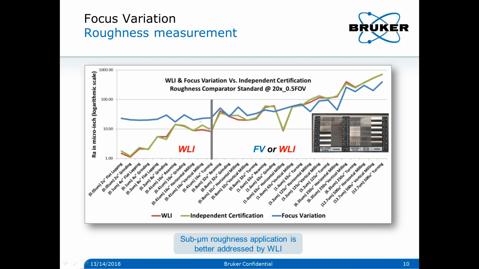For sub-micron roughnesses, white light interferometry is still the main and sole technique to use, covering a large field of view. In that respect, focus variation will have a background noise dependent on the objective you use, in the same way as confocal, for instance. Here we were forced to use a 20x objective to make sure that we get to around 0.8 or 0.5 microns roughness capabilities.